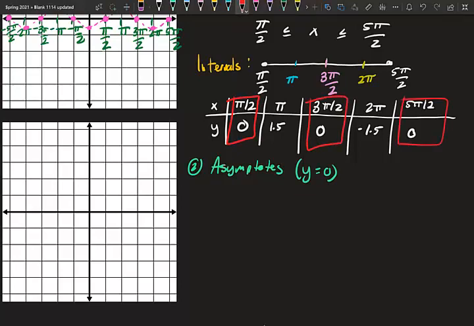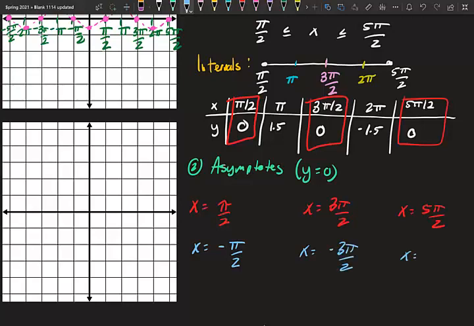We have 3 asymptotes: x equals pi over 2, x equals 3 pi over 2, and x equals 5 pi over 2. That means by default, we also have negative pi over 2, negative 3 pi over 2, and negative 5 pi over 2, because of y-axis symmetry.